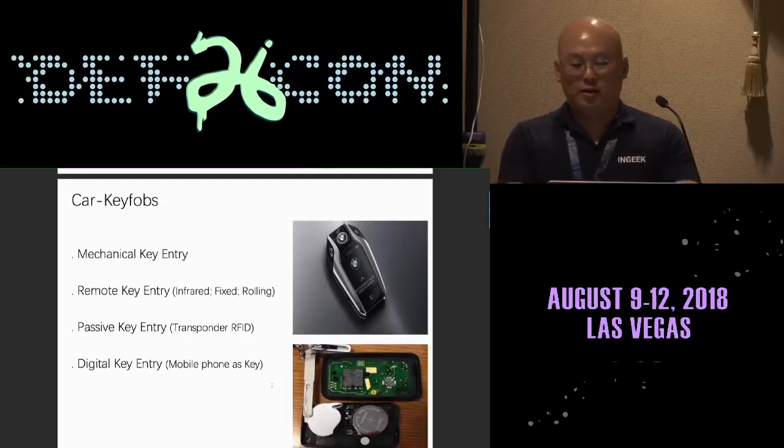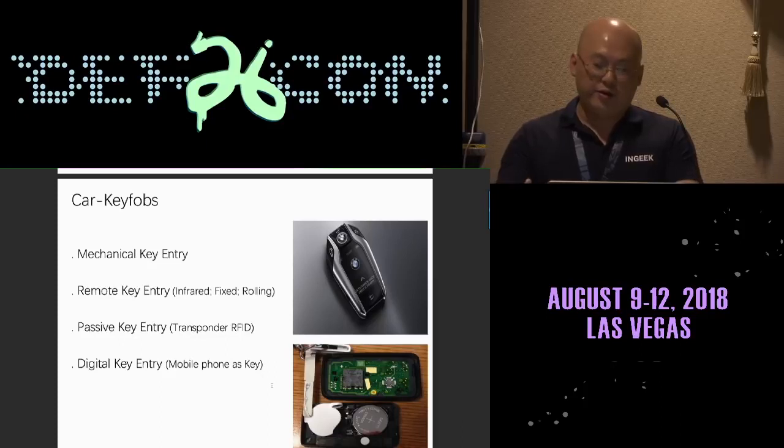Right. So introduction. I think car key fob is one of the most common items we can find in our pocket, right? So in a very early age, the car keys only really just relied on the mechanical key, and then they implemented some kind of remote key entry. So it actually starts with some kind of infrared, and then moves on to RF fixed code, and then rolling code.